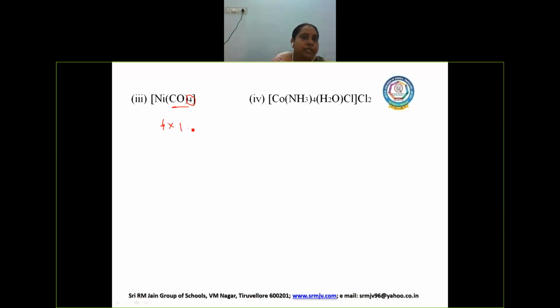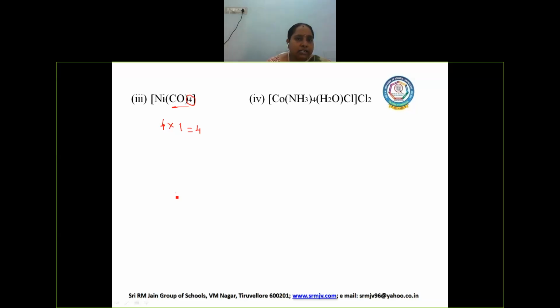1. So the coordination number is 4, which shows that the structure of this complex will be either square planar or tetrahedral. But the carbonyl group contains oxygen and lone pair electrons are present, isn't it? So due to the presence of that lone pair of electrons, the bond angle will be changed, right?